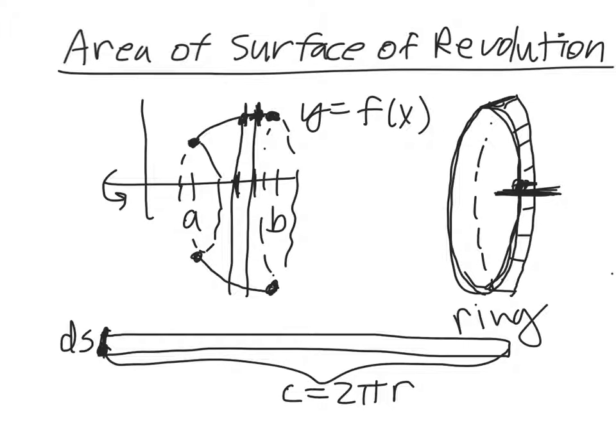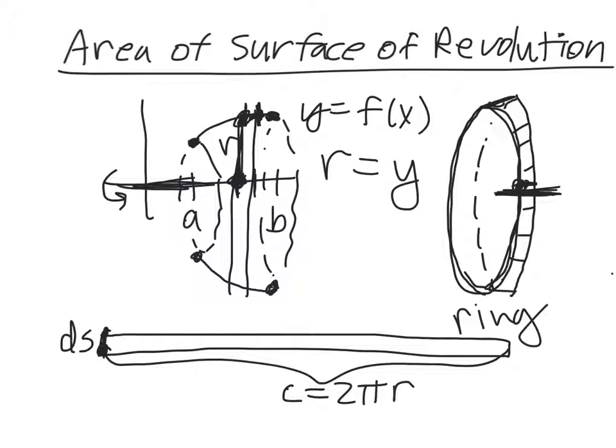As we look at this, we're revolving about the x-axis, so the radius is going to be that right there. The radius will be represented by what? S? No. Well, just f of x? Correct.